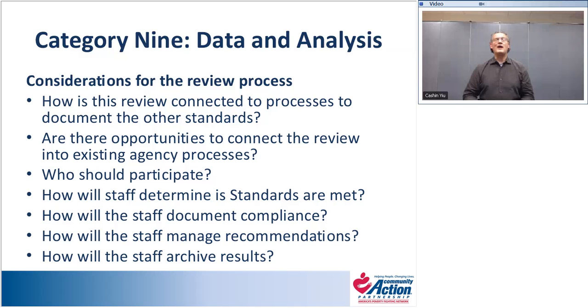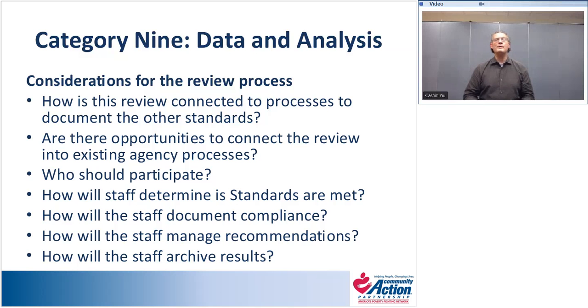So again, we're asking that for each of the standards, the staff who are doing that review process take a little extra time to make some suggestions about how the agency might improve the way it's working in relation to whatever activities are covered by the standards. Again, that's what those sections C and D are for, those diagnostic questions and those resources.